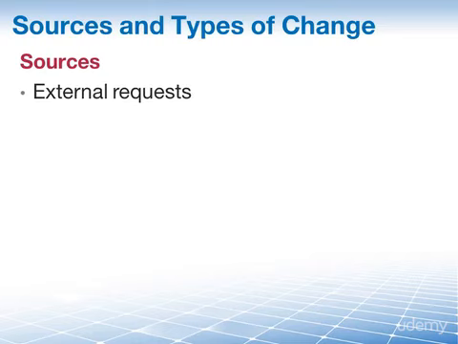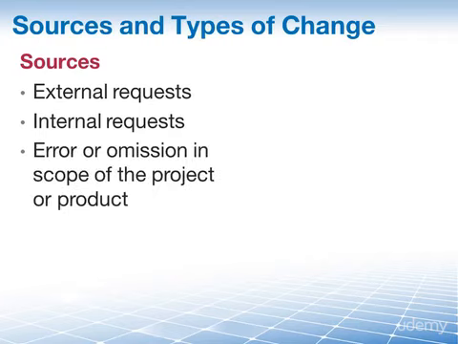There could be external requests, such as from an external customer. There could be internal requests, such as those requests that come from your project team, your project sponsor, or an internal customer, and so on. There could be errors or omissions in the scope of the project or the product, and that will often cause a change.